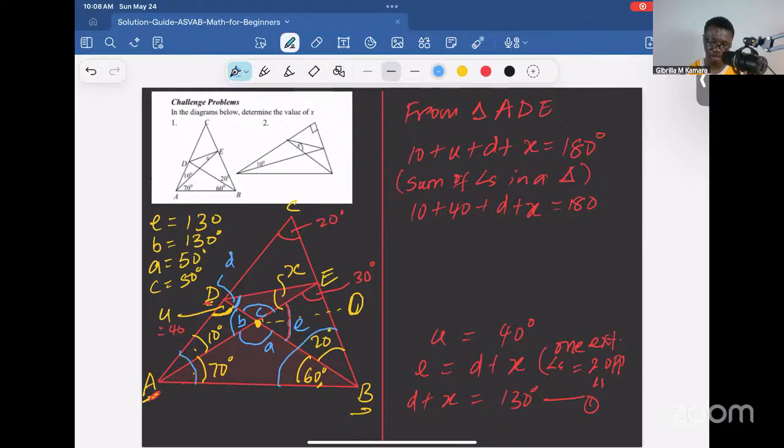This to this is 80, which is 160. Then this is 20 because that gives you 180 degrees. A is always 50.